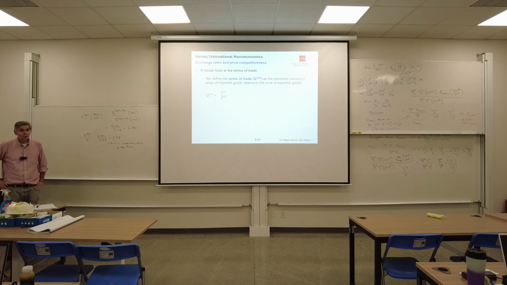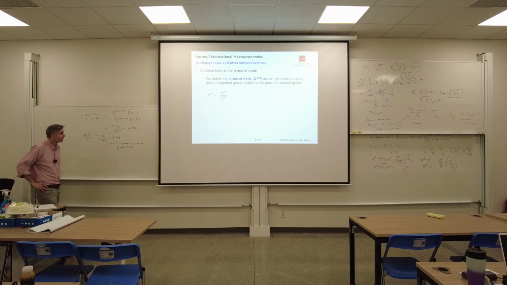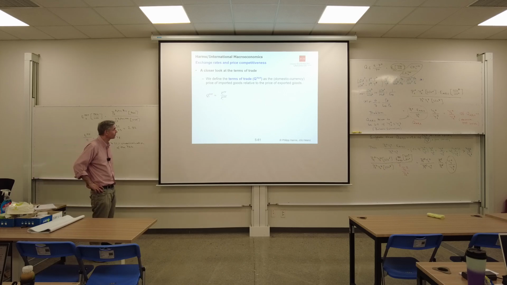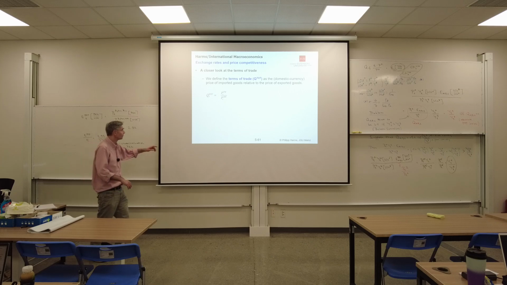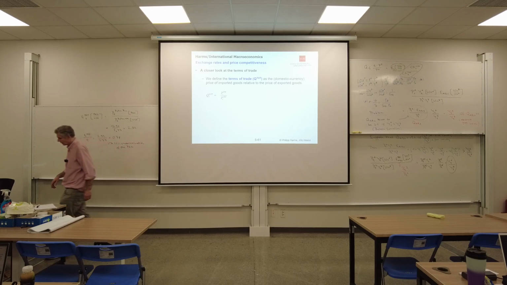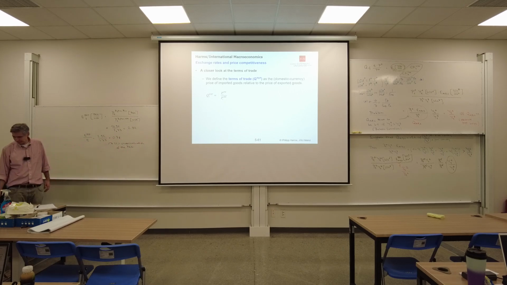So let me conclude by taking a closer look at the terms of trade. Now, we define the terms of trade as the domestic currency price of imported goods relative to the price of exported goods. So this is Q tot, terms of trade. So we have the domestic currency price of the good imported by country H. So that's the F good price in the H country.